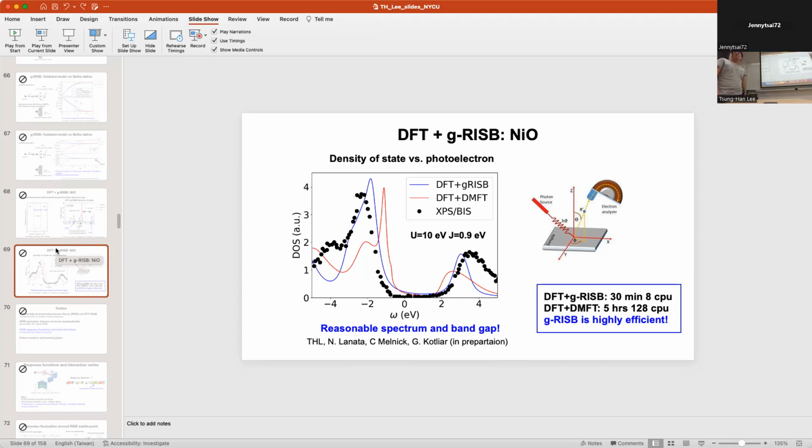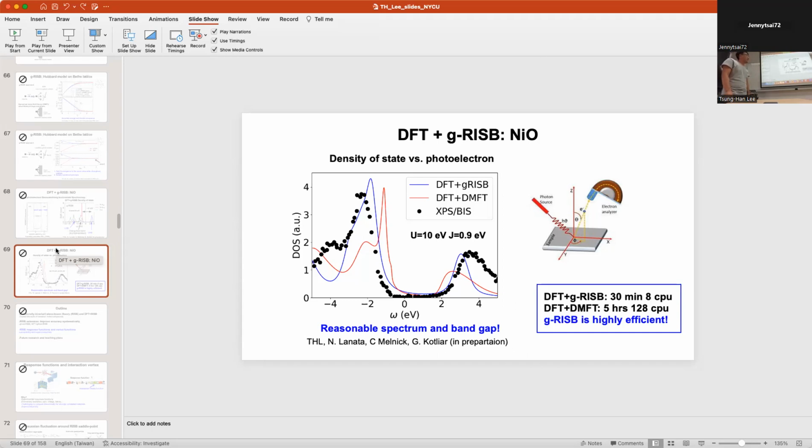So how much time could you save compared to DMFT? Here are some scales. We can do things on a laptop, but if we do DMFT, you have to use clusters and wait 5 hours, versus 30 minutes.